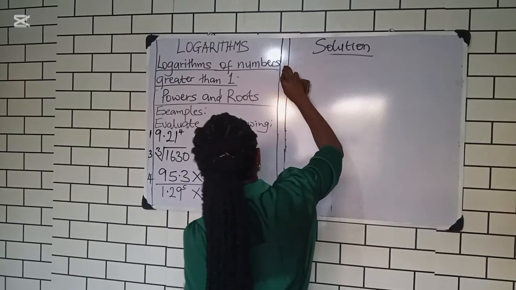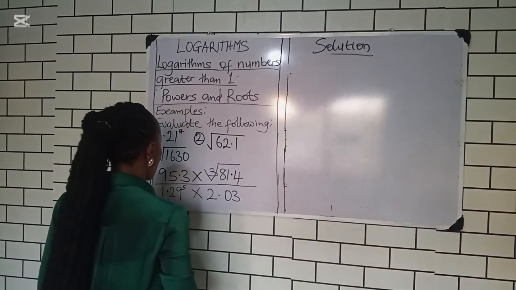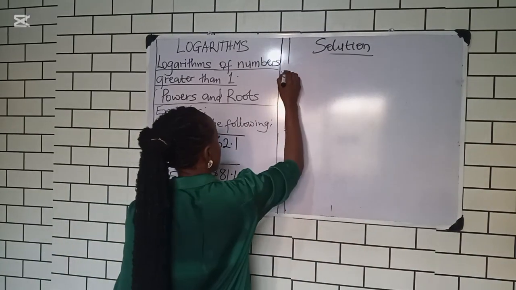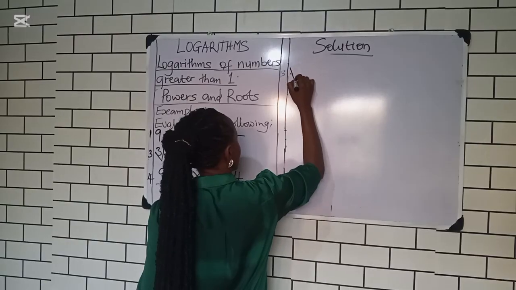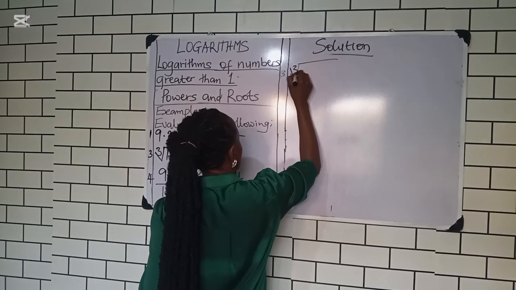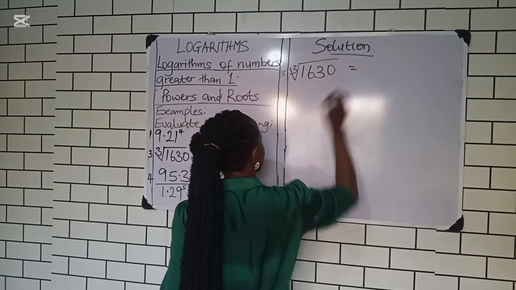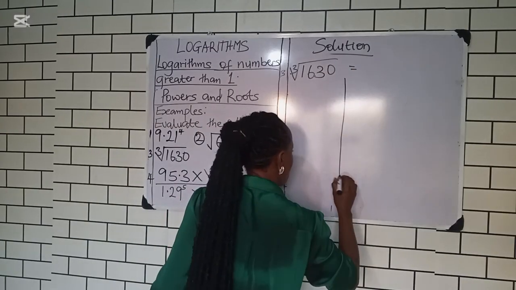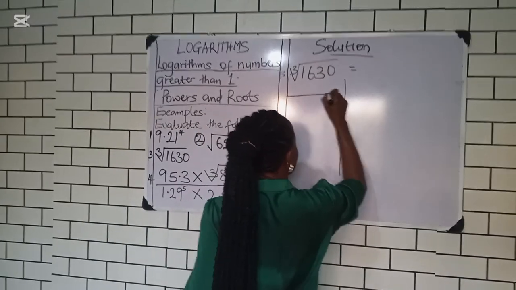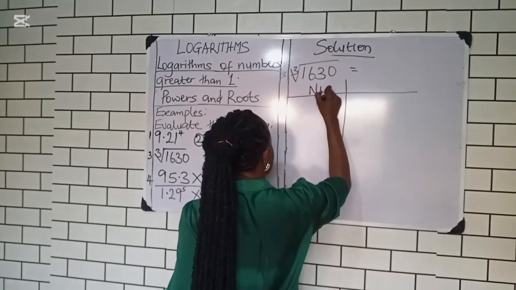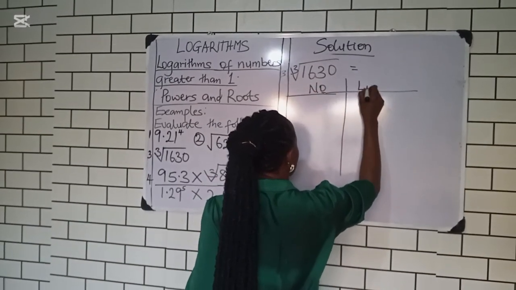Question number 3. We have cube root of 1630. Draw your table, have your number part, have your log.